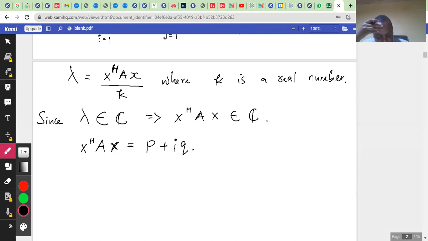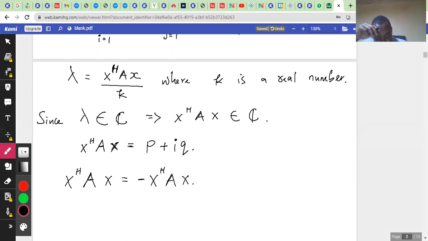And so because A^H is equal to negative A, we can say that x^H A x is equal to negative x^H A x. We have all the right to say that.